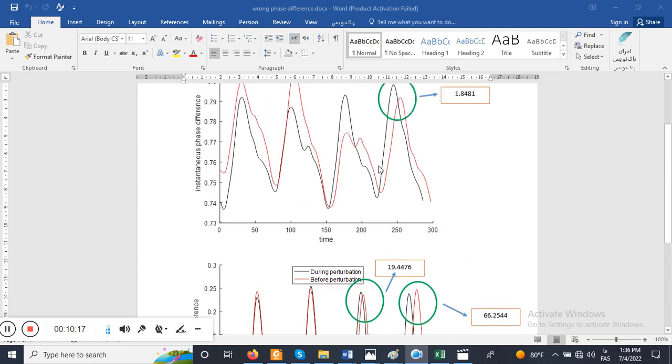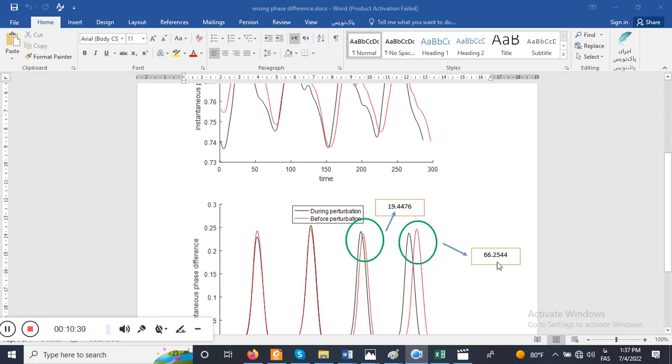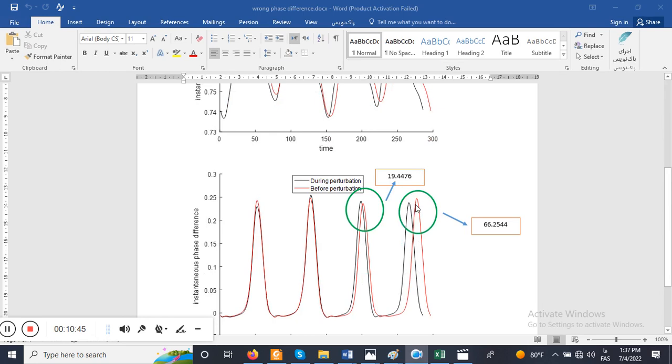What we see visually here, we can see that the phase difference between legs and hands are similar, only visually. But the output for the hands is about 2 degrees, but for legs is about 60 degrees for this cycle.